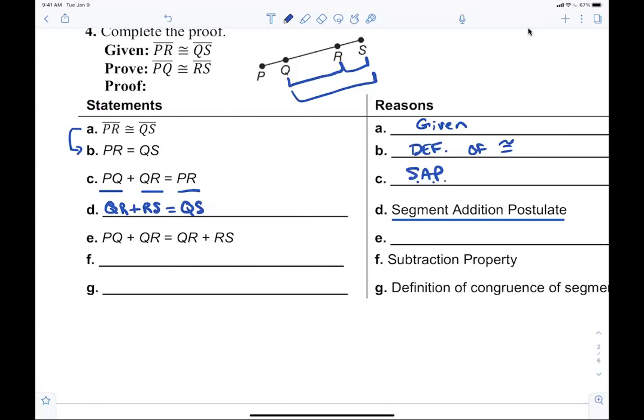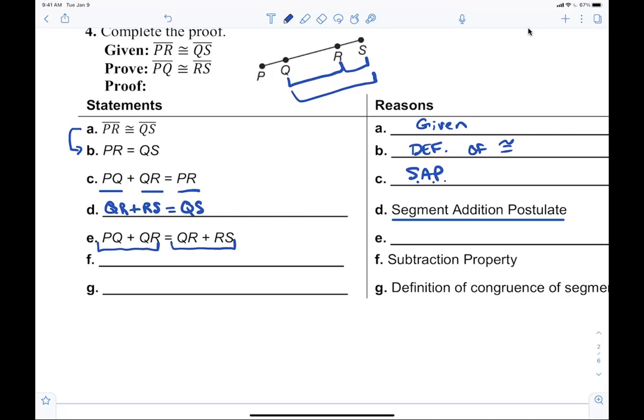Addition property. Okay, so PQ plus QR and QR plus RS. What are you thinking? Substitution. Now, for you to be correct, Michaela, you would have to show me where QR is equal to RS.